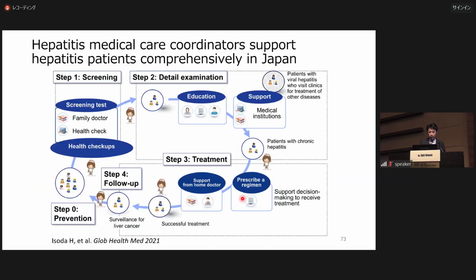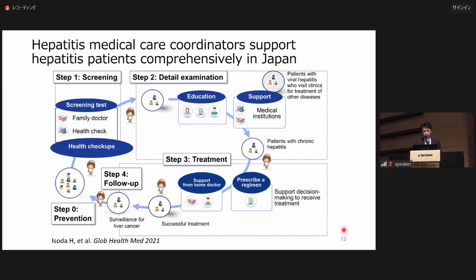So I'd like to introduce hepatitis medical care coordinators in Japan. To achieve the elimination of HIV, such steps are required: the screening step, the detailed examination step, the treatment step, and the follow-up step.